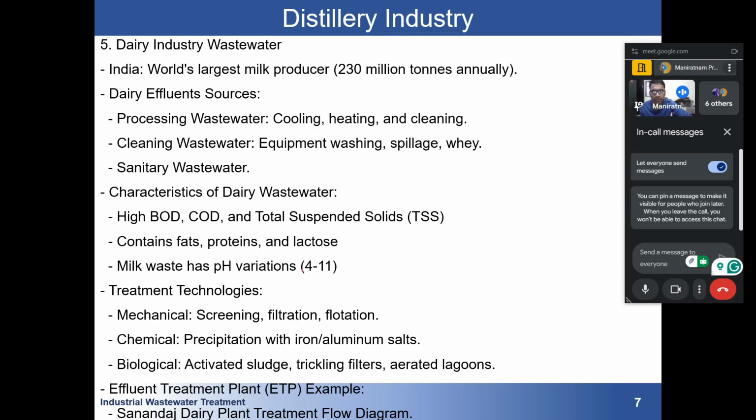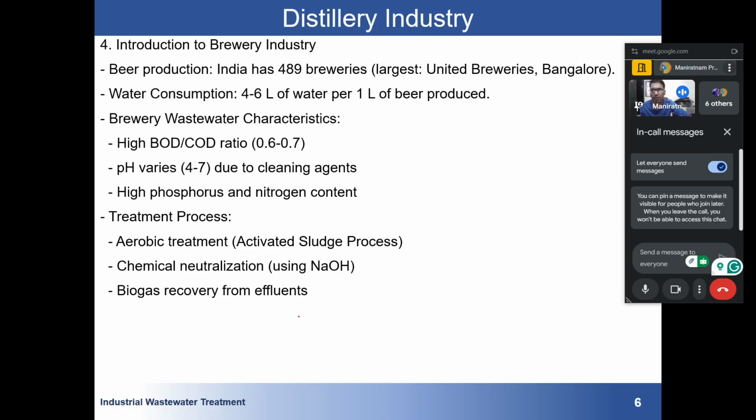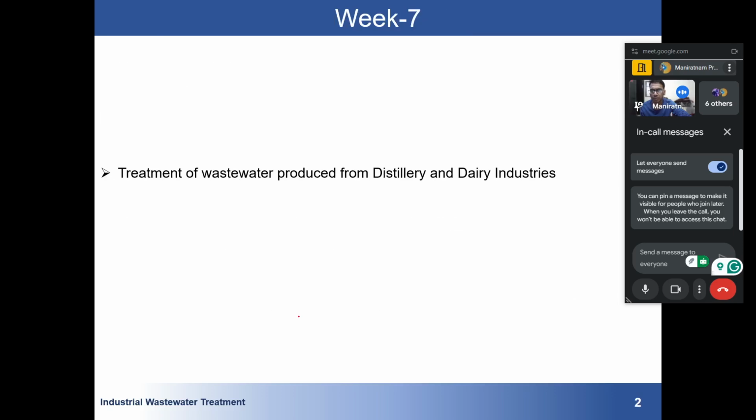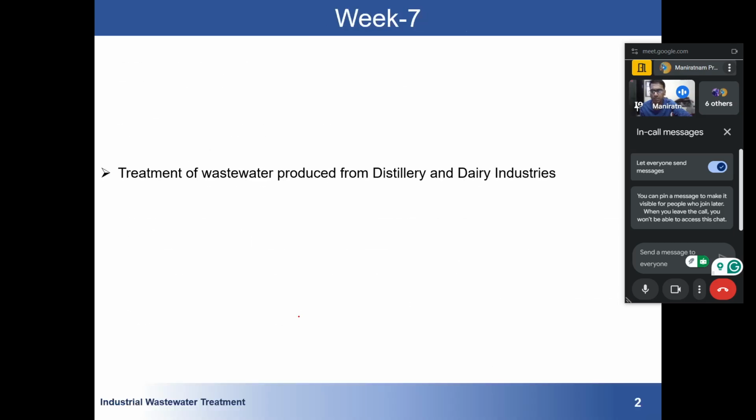One example is the Sanand dairy plant, where these methods are being followed. These were the four topics discussed in week 7.